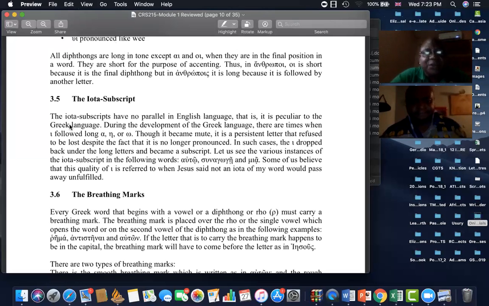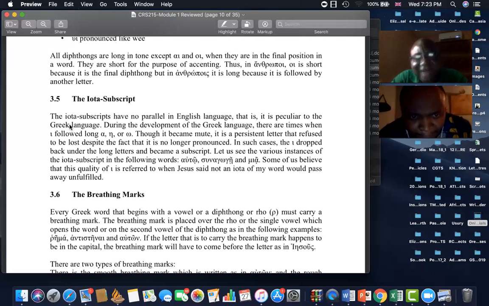Now, you will see three examples here. The first is auto. If you look at the bottom of omega, which is the last letter of auto, you see one tiny mark. That is iota subscript.